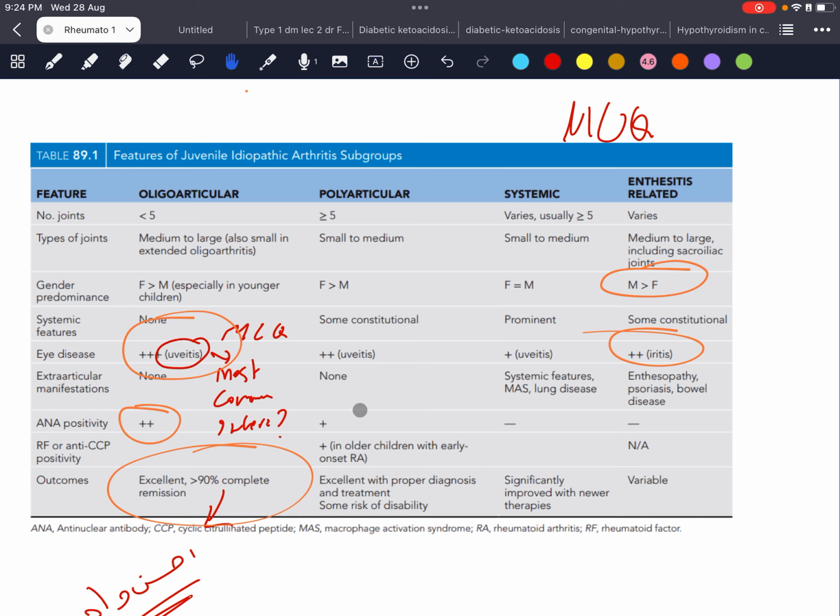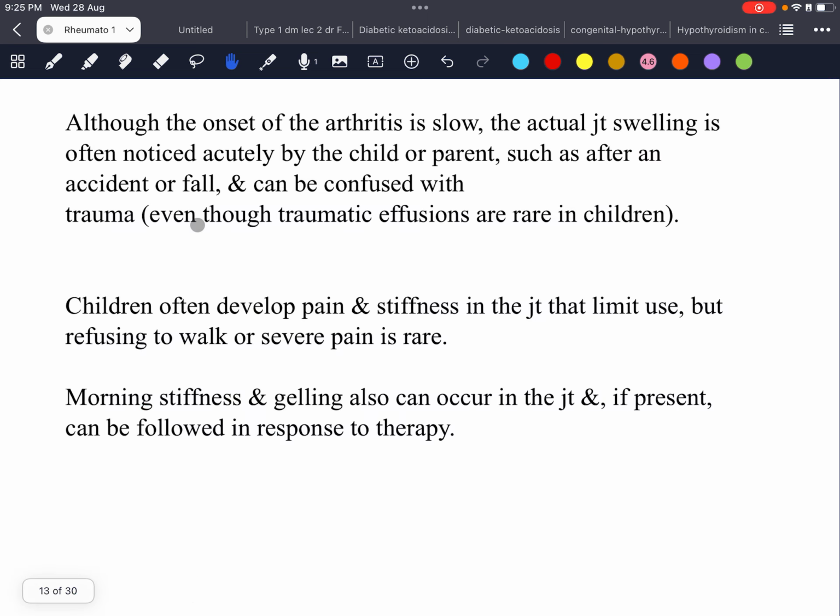Iritis, not uveitis, occurs with ankylosing spondylitis. Antinuclear antibody positivity is more common in the oligoarticular form, and the excellent prognosis mainly goes with oligoarticular, which is the most common subtype of juvenile idiopathic arthritis.